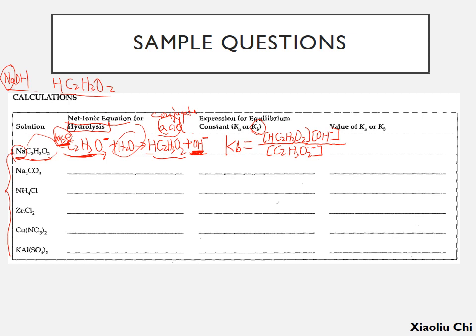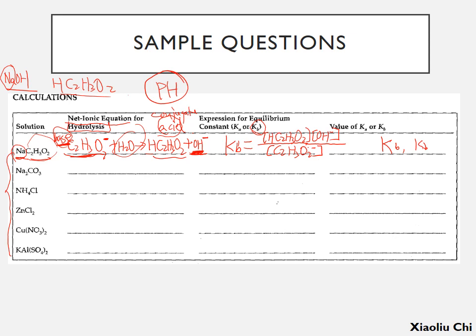Now, how do you calculate the Kb or Ka in this column? Okay, so you need to use the pH value. So the pH value you already estimated in the previous tables.